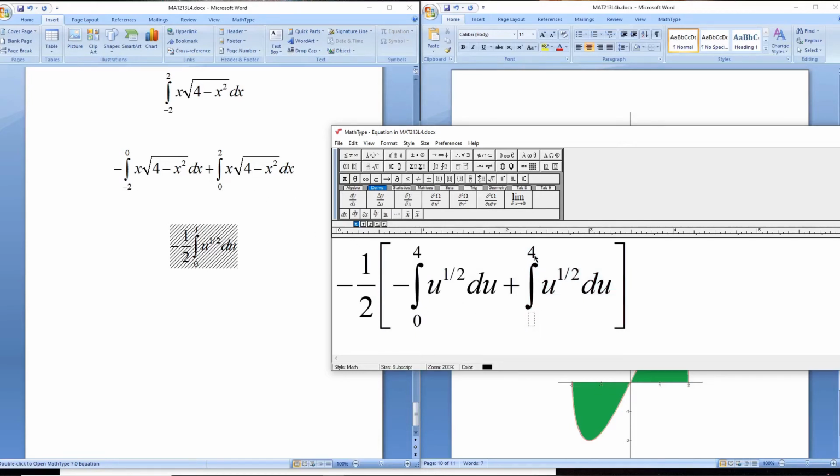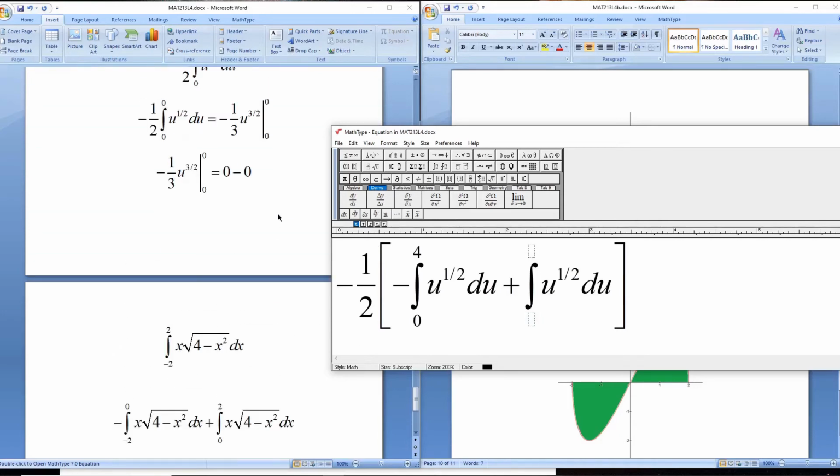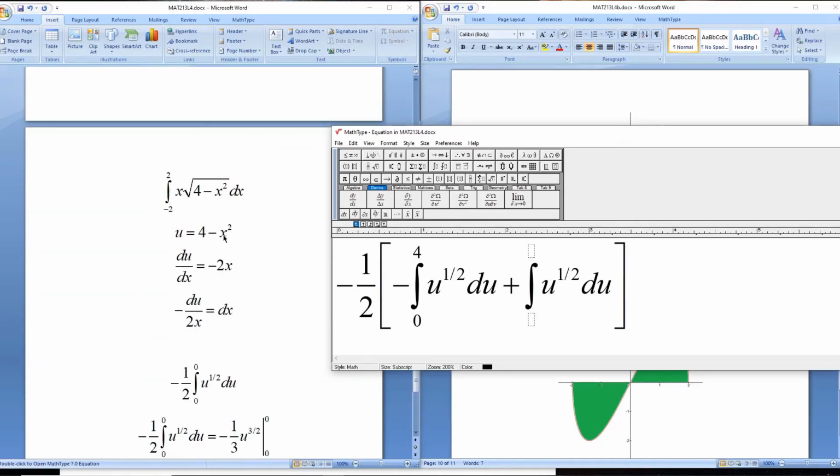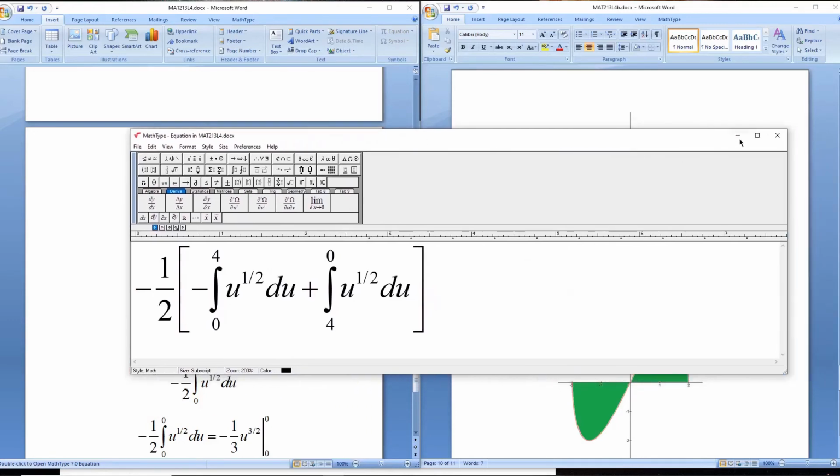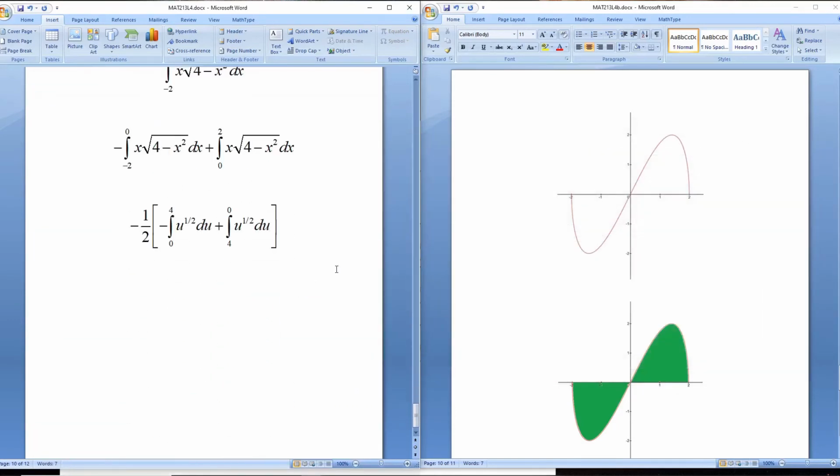So let's check out what that means in terms of u. When x is 0, u is 4. And when x is 2, u is 0. So here we go. Here is our expression, our physical area in terms of x. Here is now our physical area in terms of u.